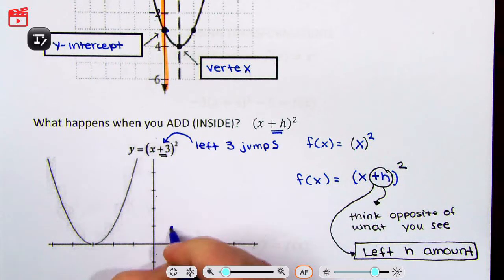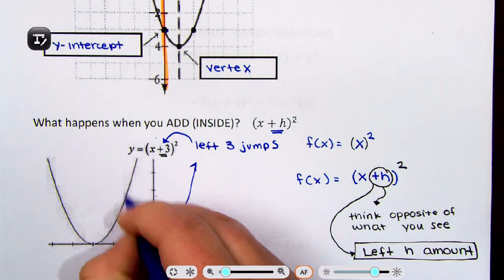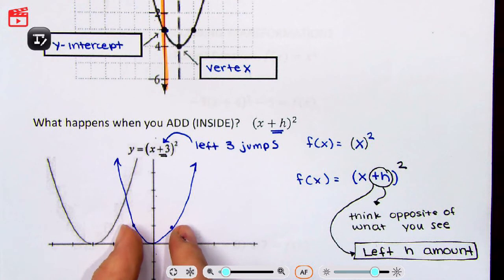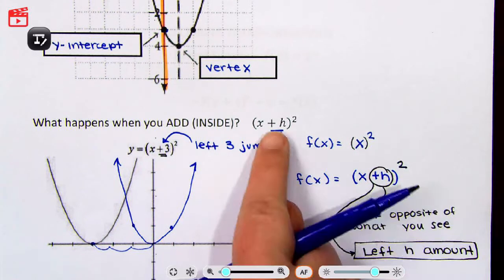Let me sketch our original parent function. Here it is. Imagine if I was to pick up this blue curve and go 1, 2, 3, three jumps. Here's my new vertex, and here's my new graph. So what happens if I don't have a plus? What happens if I have a minus?